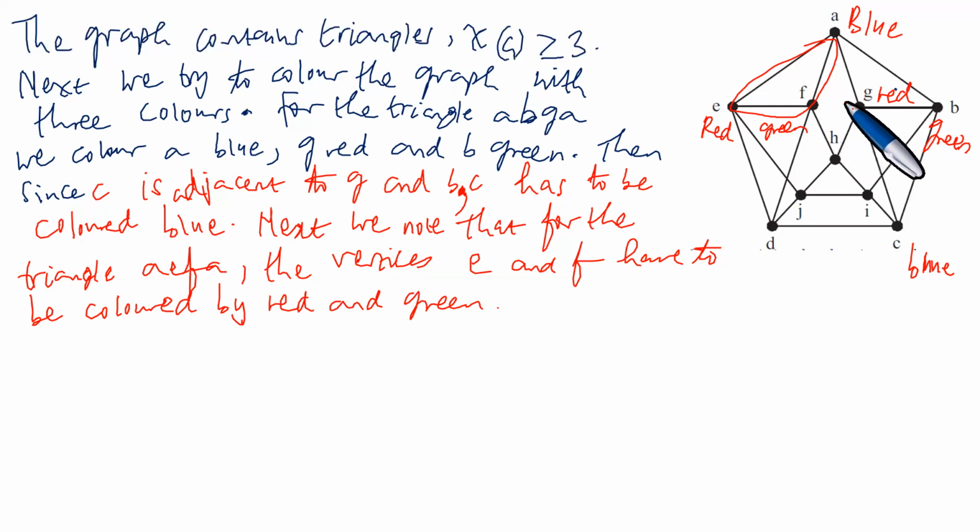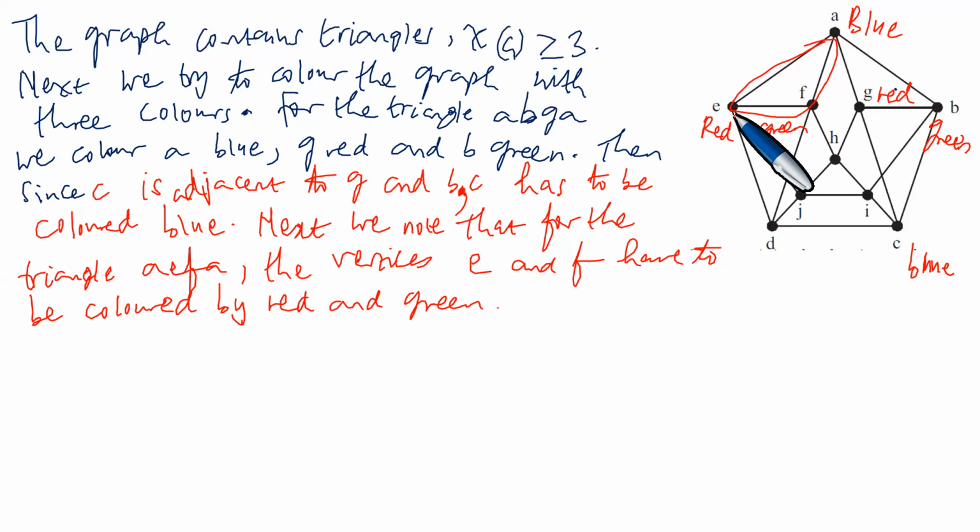So someone who makes this one red is not wrong. What would be wrong is making this one blue, because this one is already blue. Adjacent vertices with the same color are unacceptable in coloring. Okay, next we continue.